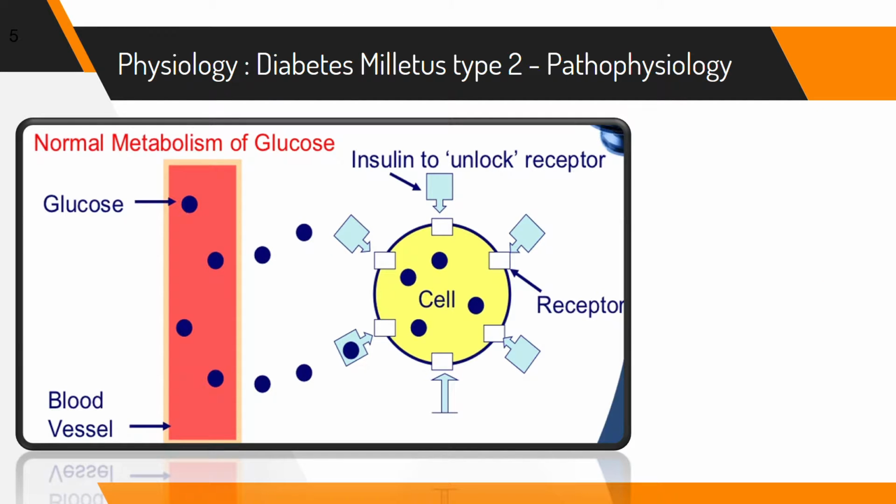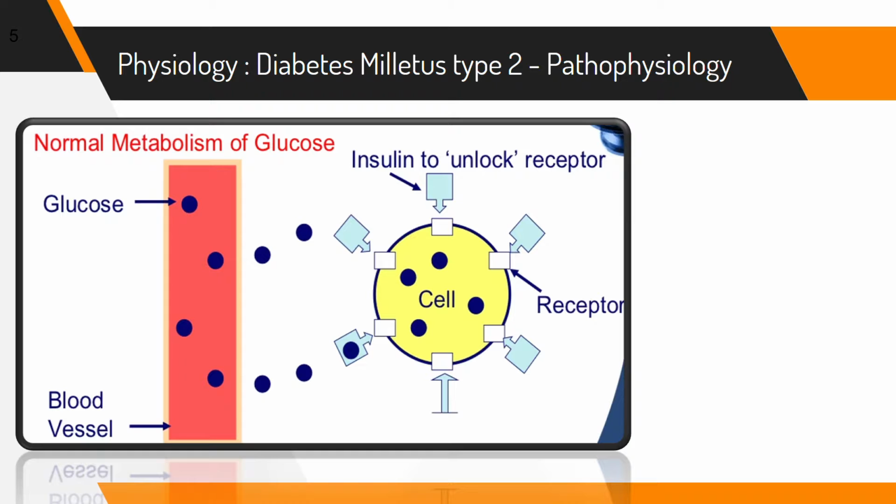In order to understand the pathophysiology of type 2 diabetes, we need to spotlight the normal metabolism of glucose. Glucose is carried in the bloodstream in order to enter the cell via specific receptors. For these receptors to be activated, they need insulin to be unlocked first.